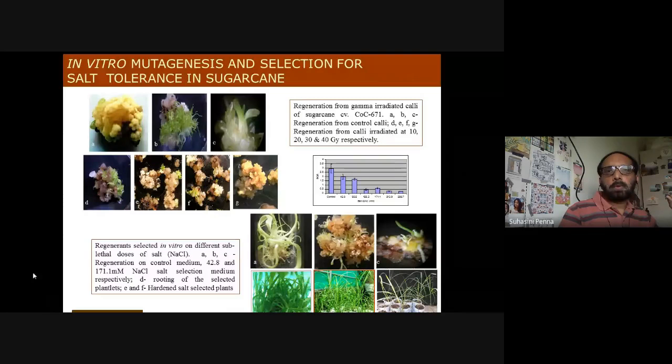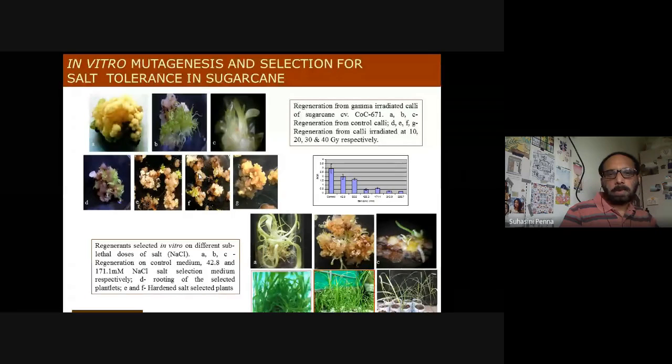This is our own example where we try to use sugarcane popular cultivars which are grown in Maharashtra, and establish a very high frequency regeneration system. And then, as I told you in the previous slides, first we try to look into radiosensitivity of the tissue. That's very important.